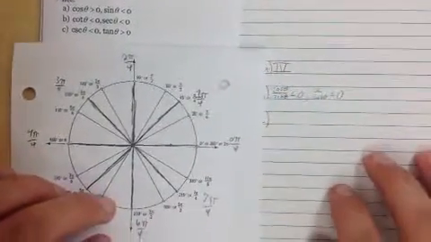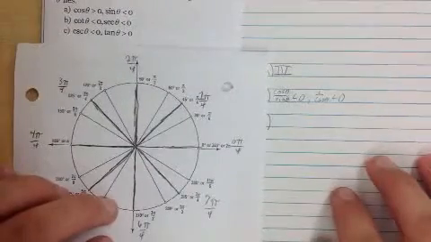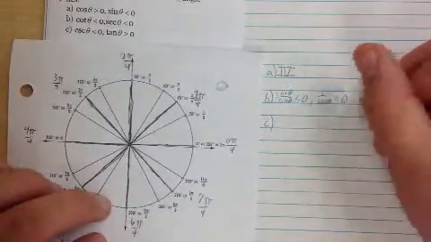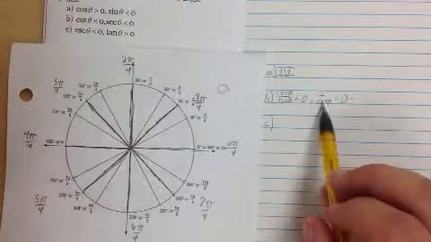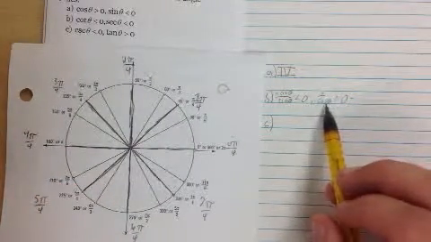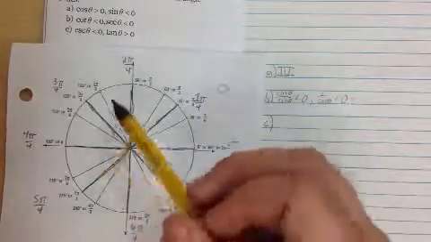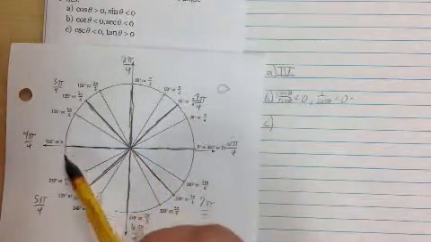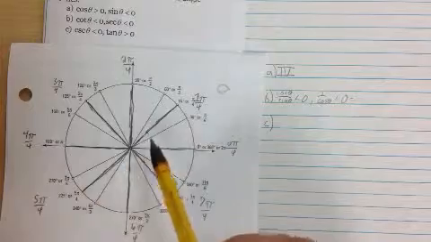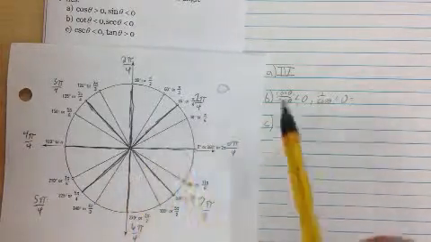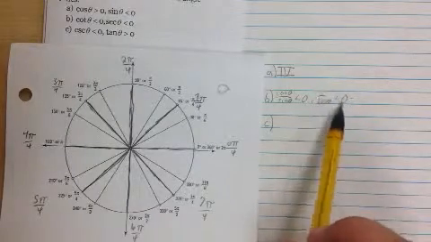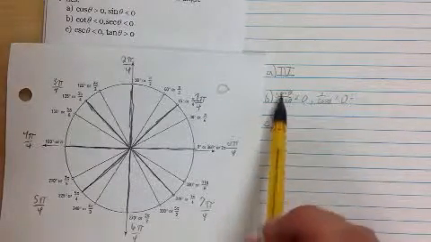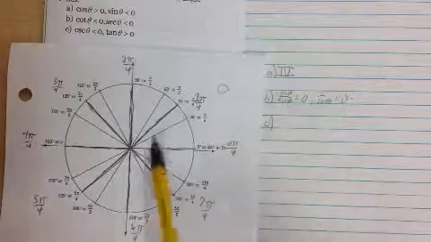Now, I think the easiest way to go about doing this one is to find out where cosine is going to be negative, which is just the x. And that is going to be on the left side of the circle, going this way. Now, because the cosine has to be negative because of this part of the problem, that means that this cosine is also going to be negative.